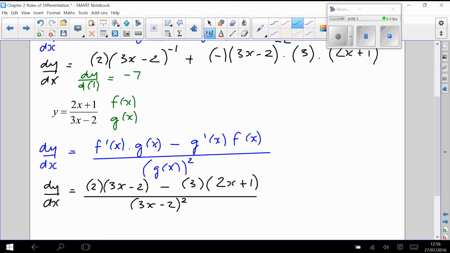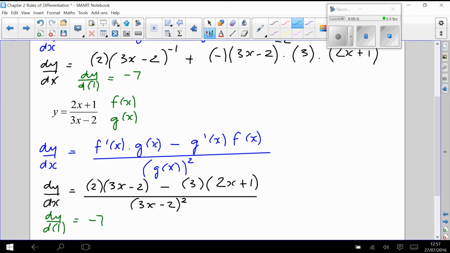If you now substitute x equals 1 into your second expression for the derivative, you will find that you get exactly the same answer. It means that if I had drawn a tangent to this function so that the tangent touched my function when x was 1, that tangent would have had a gradient of minus 7.